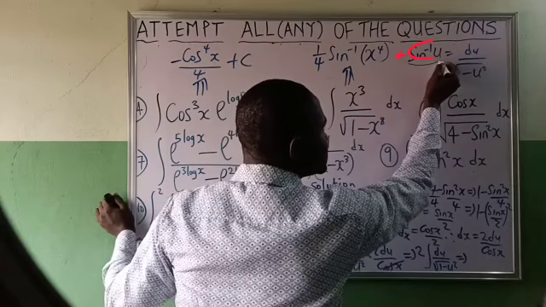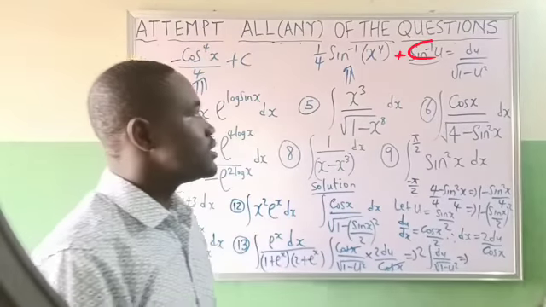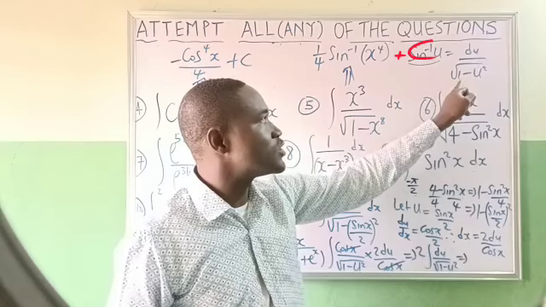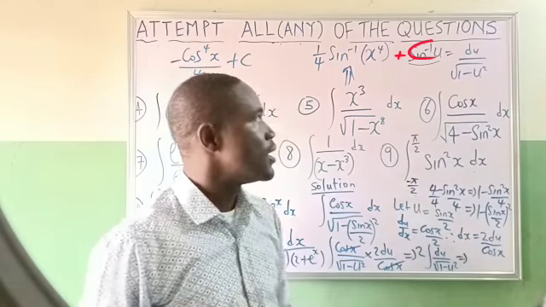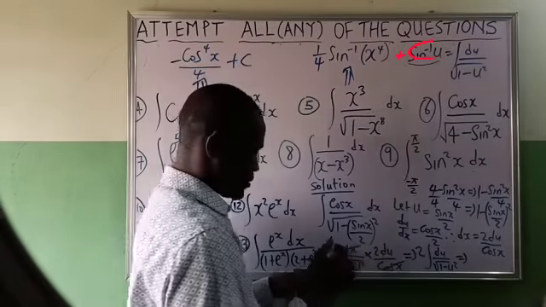If I differentiate this, I will get this. In differentiation, when you differentiate sine inverse of u, you get du over square root of 1 minus u squared. That means when I integrate this, I will get back this.